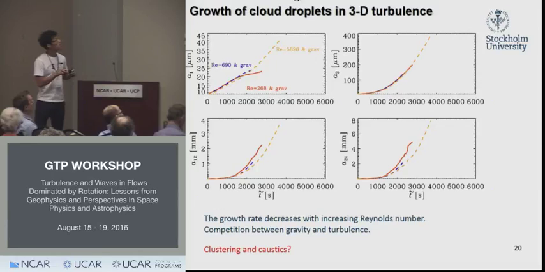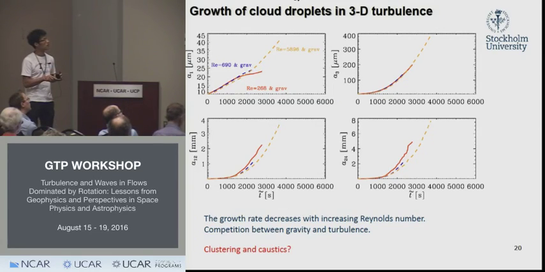But it's interesting that if we combine turbulence and gravity together and then increase the Reynolds number, we won't see any enhancement effects. Instead, we see that if we increase the Reynolds number from 266 to about 6,000, the growth rate just decreases with increasing Reynolds number.